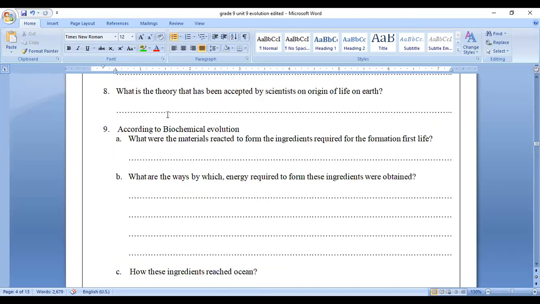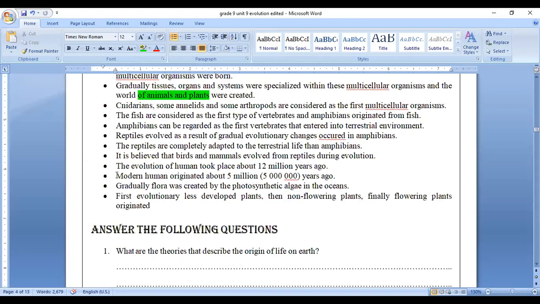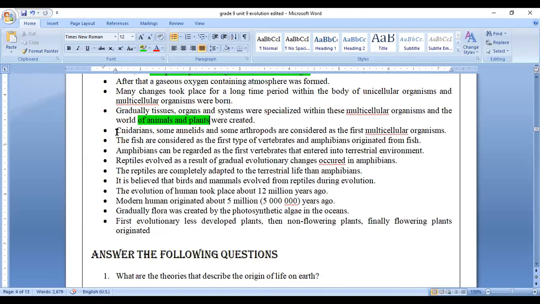Question number 15. What were the first groups of multicellular organisms? According to the book, they are cnidarians, some annelids, and some arthropods.